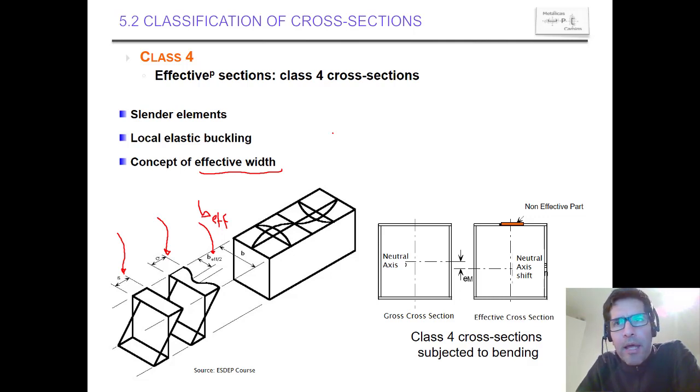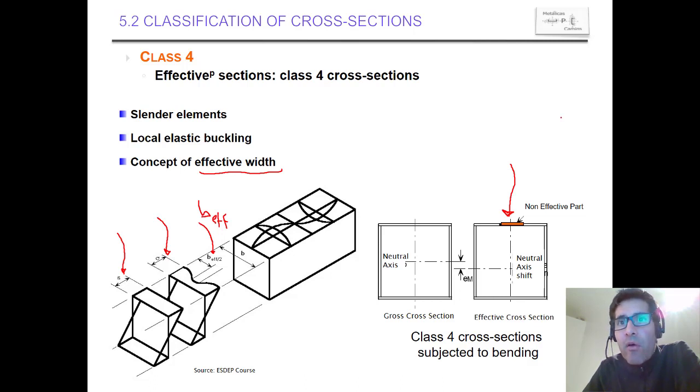They will not be applied on what we call the non-effective part in orange here. So this section is the section which is capable of resisting our bending moments or our axial forces. This is the resisting area only.